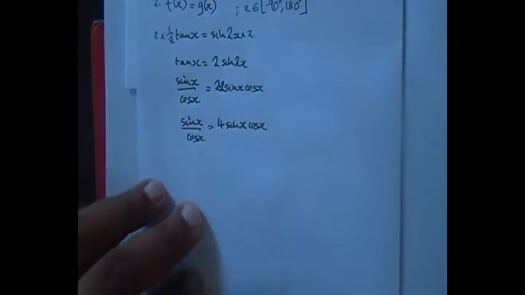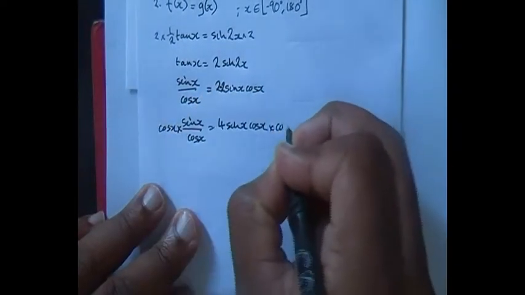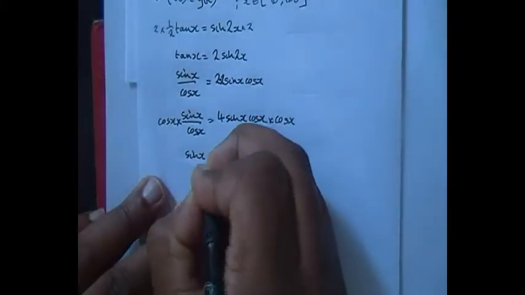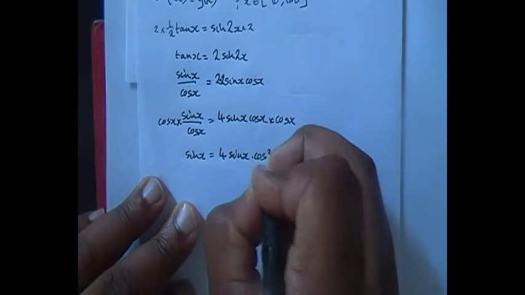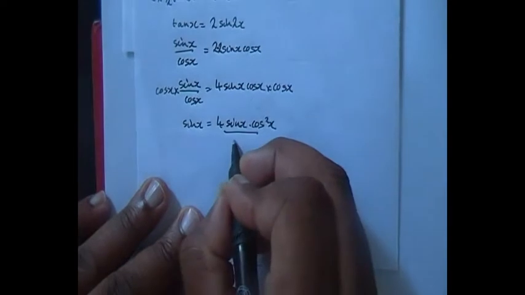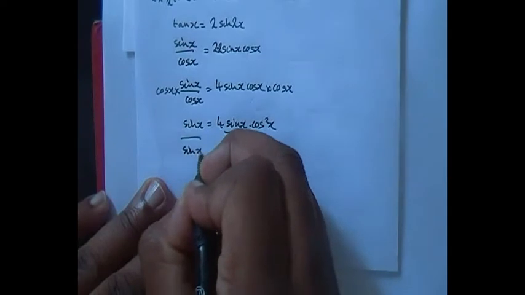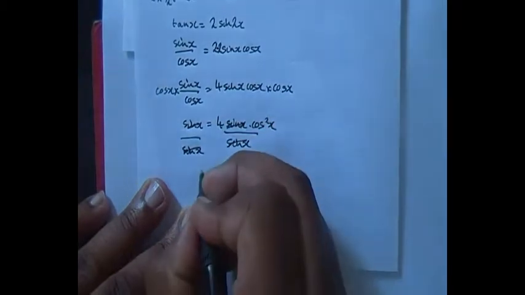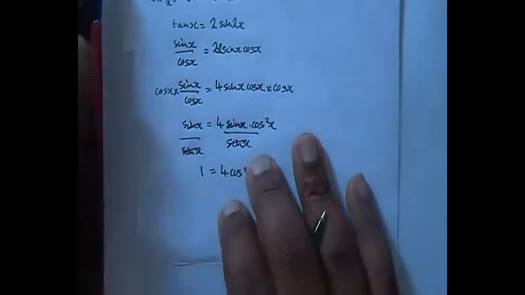Maybe I can multiply both sides by cos x, and we'll have sine x is equal to 4 sine x cos squared x. Let's divide both sides by sine x. They cancel, so that means 1 is equal to 4 cos squared x.